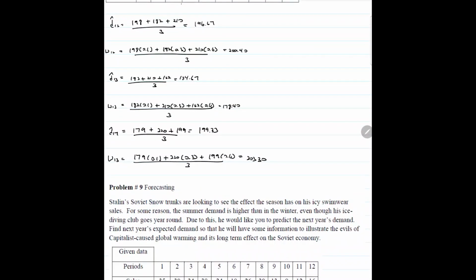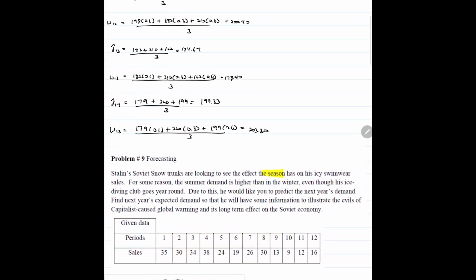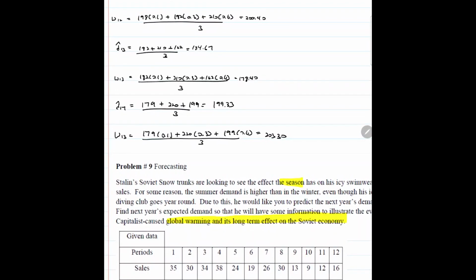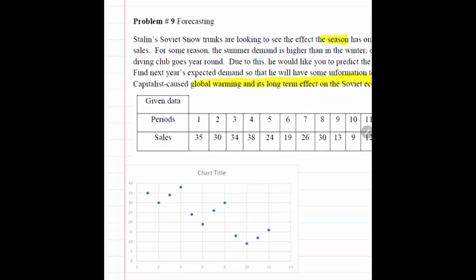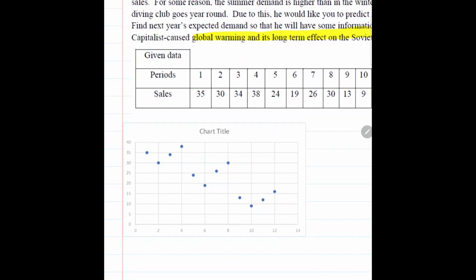If you read the problem, it says season, so we might get a clue that we have to use the seasonal, but it also says because of global warming, which means recent data is more valuable than old ones. So to confirm this one, we have to graph it, and when we graph it, it comes like this.